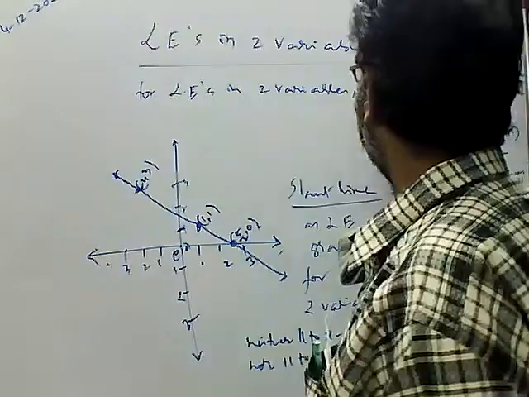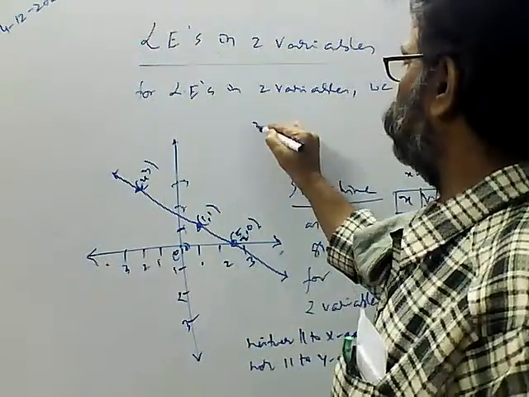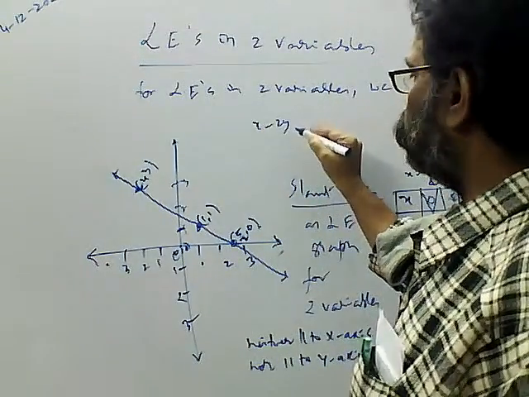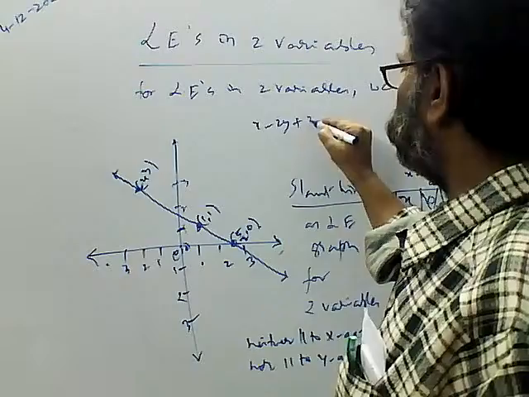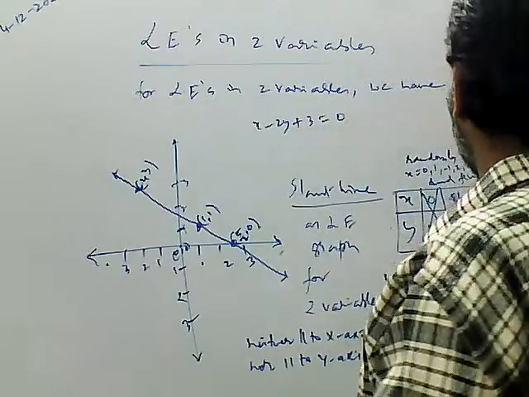Okay, x minus 2y plus 3 is equal to 0, suppose.